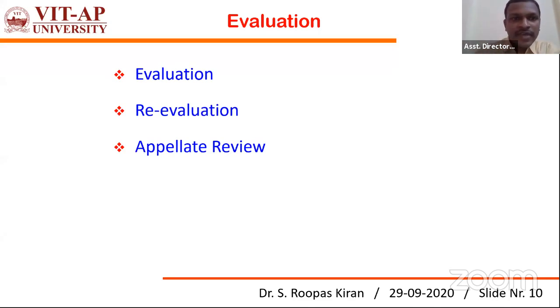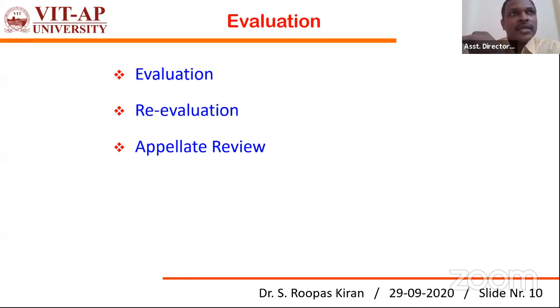The committee will verify whether the student had made the request before, during the reevaluation process, and whether the uploaded material supporting the request is genuine or not. The other details will be verified by the committee and considered for the appellate review process.